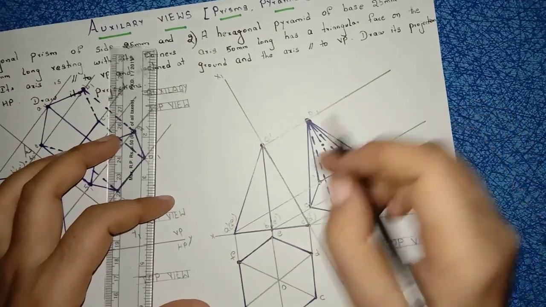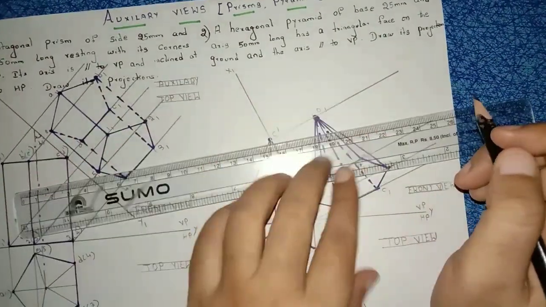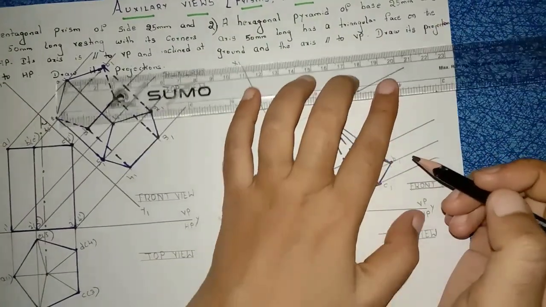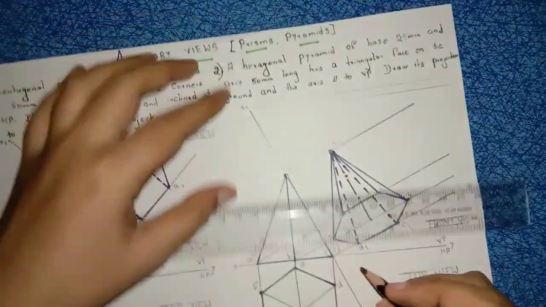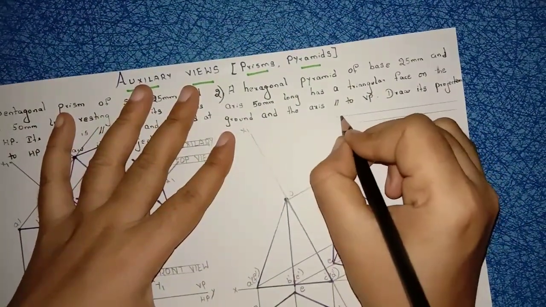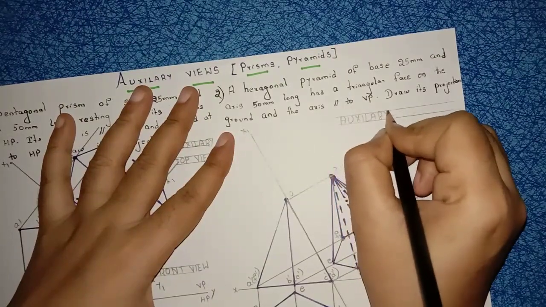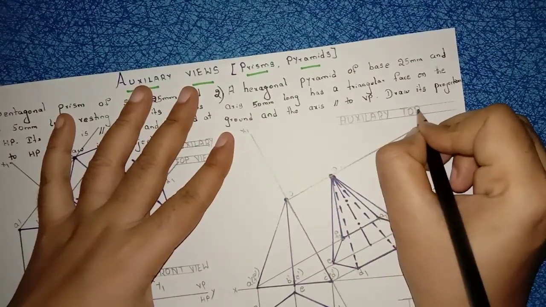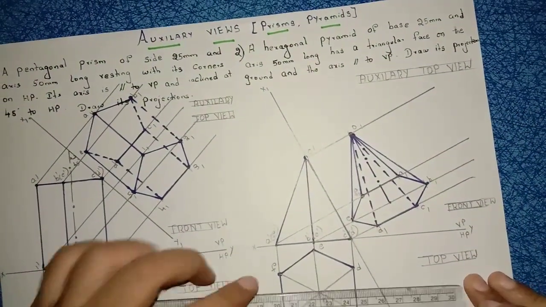And above the reference line again, take a height of 5 mm here, and write down: this is your auxiliary top view. Now mark the dimensions.